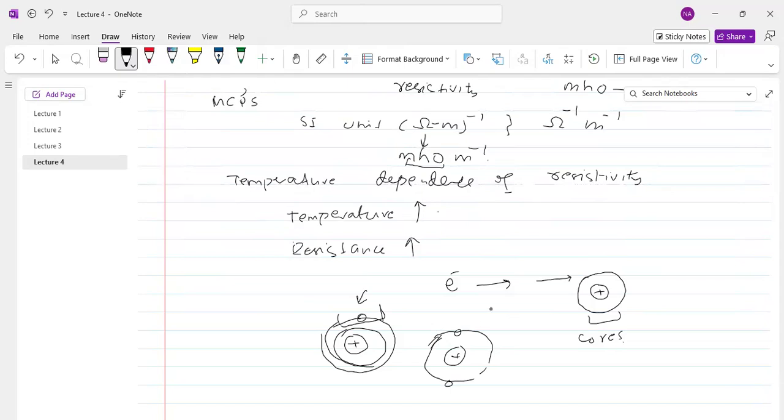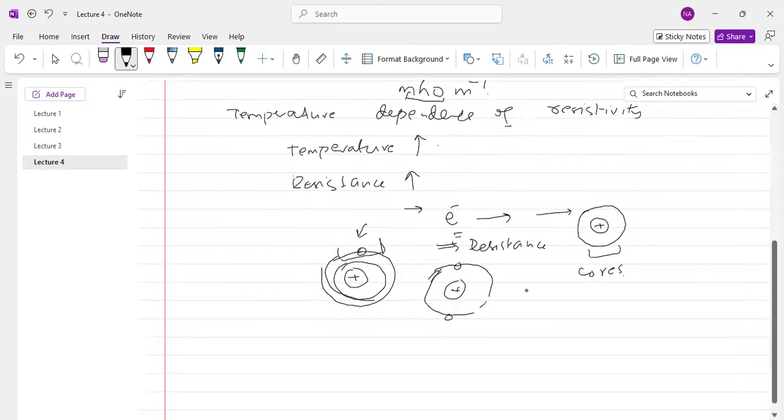This is called the core. When current passes through a conductor, the electrons collide with the core atoms. Due to this collision, energy is lost and a resistance to the flow of these electrons is offered. This opposition is called resistance, as we talked about the day before.